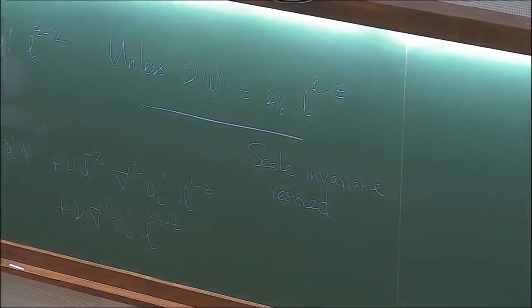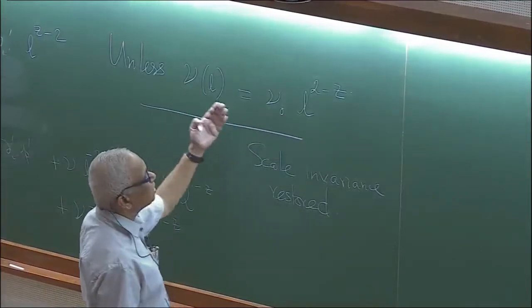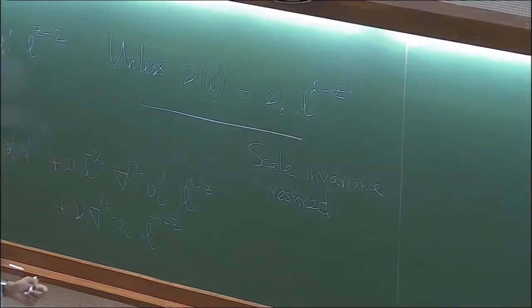If the nu you are starting out with was actually a scale-dependent viscosity, with the scale dependence coming as L to the power 2 minus Z, then that would absorb this Z minus 2, and you would be doing all right.